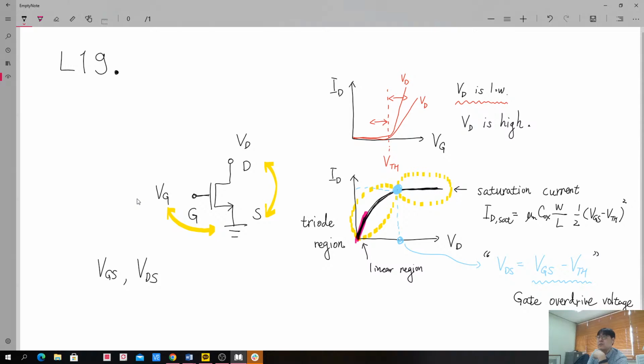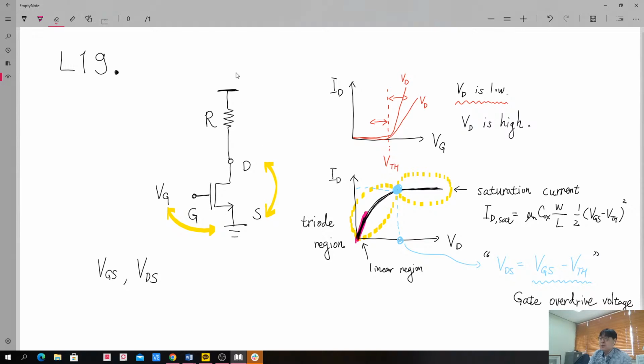But now think about a little bit more complicated case. Now we introduce a resistor R connected to the drain. So the voltage source previously attached to the drain terminal is now removed. So we have no predefined value of drain voltage.